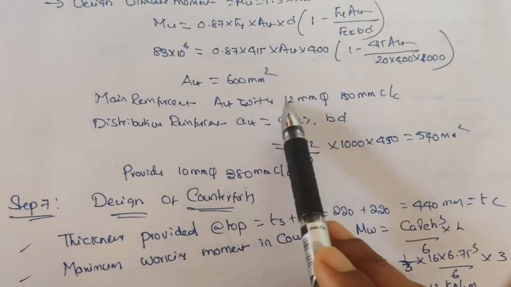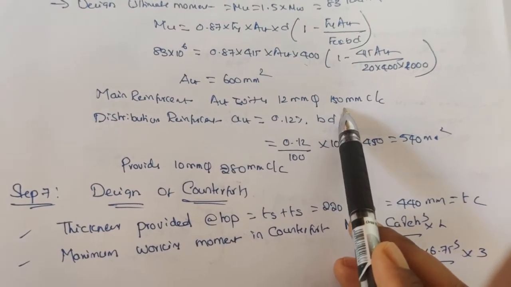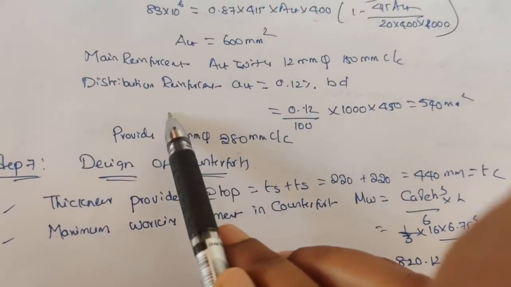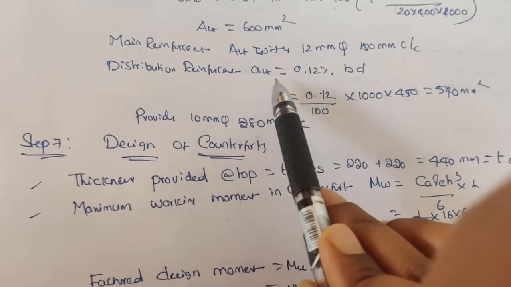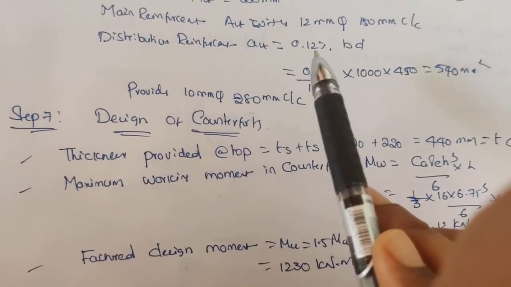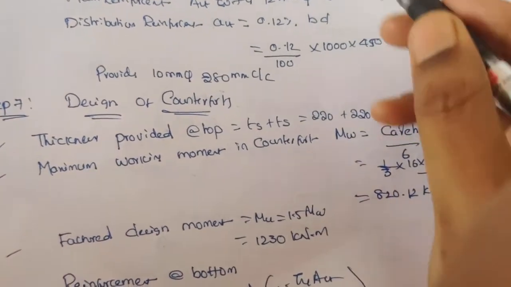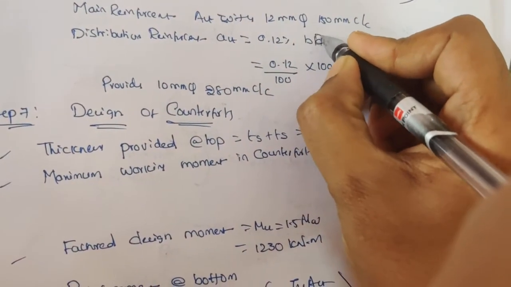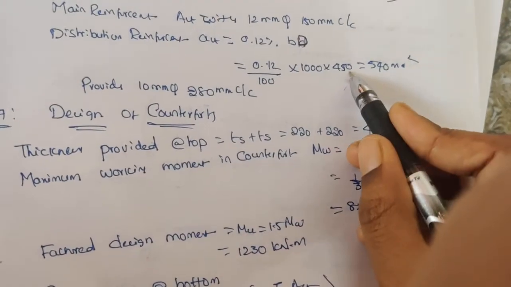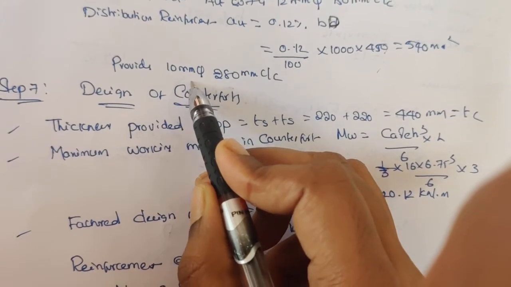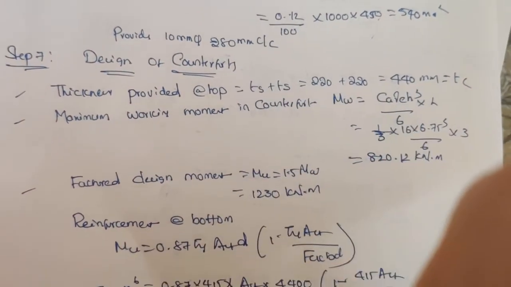For the main reinforcement, you are providing the minimum diameter, 12 mm diameter with 150 center to center spacing. For the distribution reinforcement, as you can see in this formula, small Ast is equal to 0.12% into gross sectional area. This one is the capital D, no need to get confused, this one is the overall depth. So depending on the reinforcement, you are providing the minimum reinforcement with diameter and spacing.